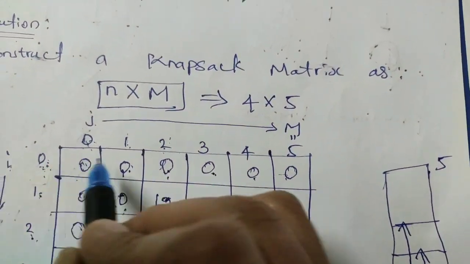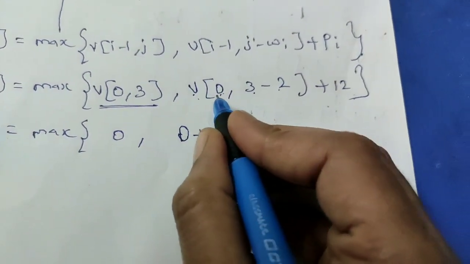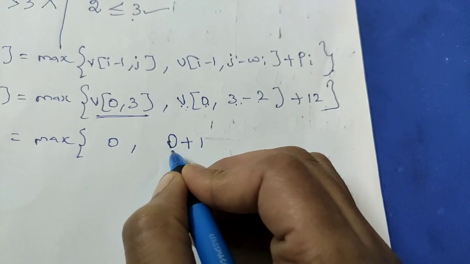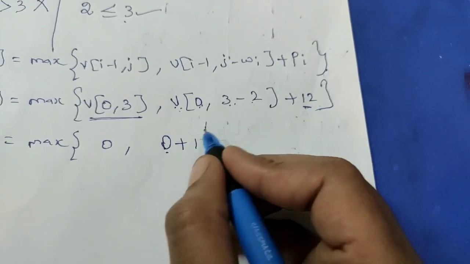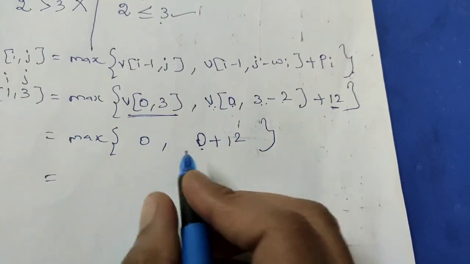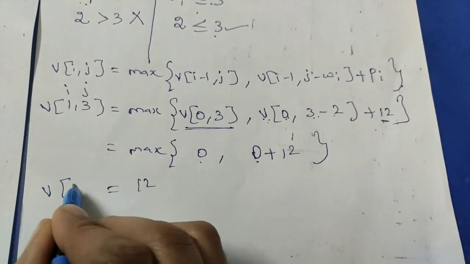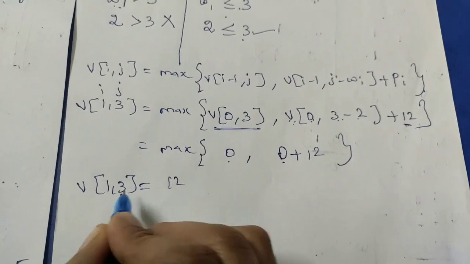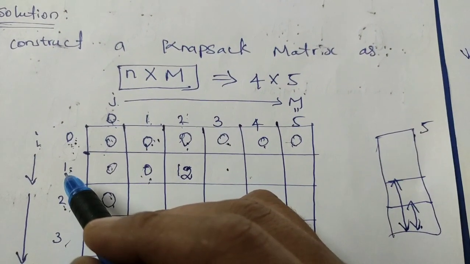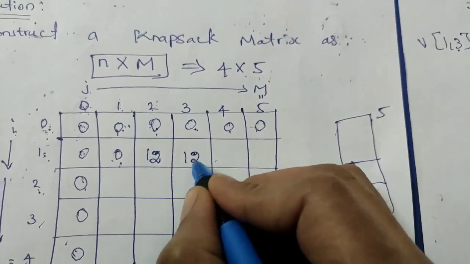In the knapsack matrix, location 0 comma 1 has the value 0, plus the profit of the item, which is 12. So the maximum of these two values is 12. Go to your knapsack matrix, and in the location 1 comma 3 fill the value as 12.